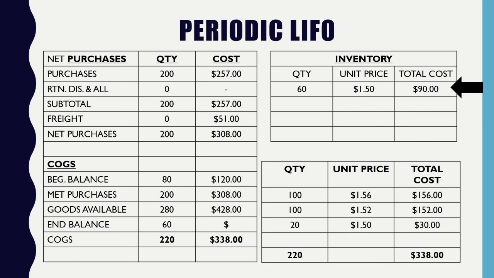Okay, so you're going to see this 150 populate every single time. This is going to be part of your beginning and your ending inventory. All right. So then what we notice is our ending inventory is going to be 90, which is 60 times 1.5, or it could be 428 minus 338, which gives you 90. Okay?